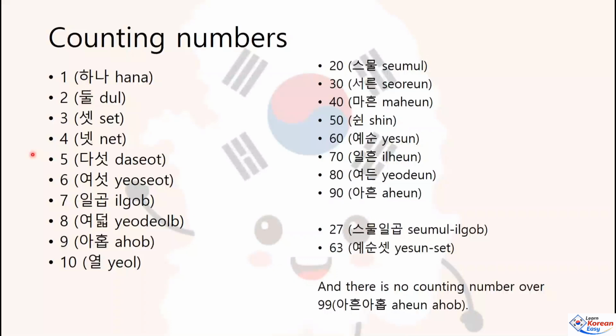Number 2 is 둘. 3 is 셋. 4, 넷. 5, 다섯. 6, 여섯. 7, 일곱. 8, 여덟. 9, 아홉. 10, 열.